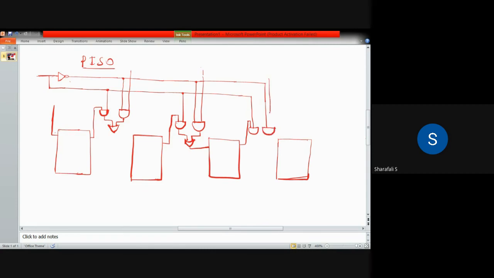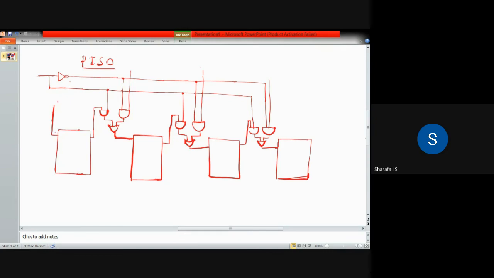We have the fourth bit, and these two are connected to an OR gate again, and that is given to this input. Finally, this was given as input. Okay, I think that is good.